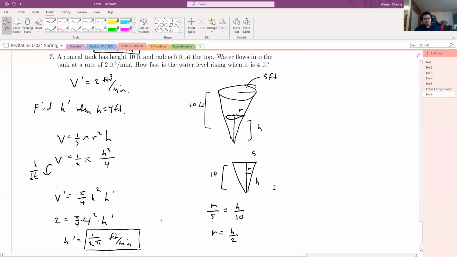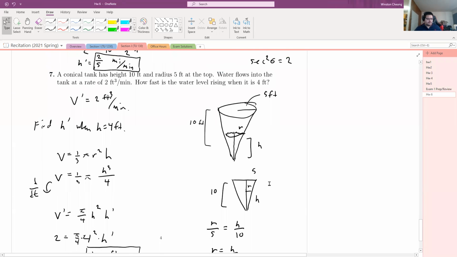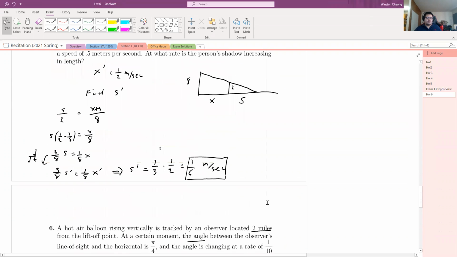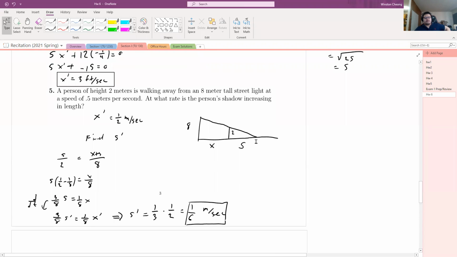But I want to get back to what you mentioned here, because I'm actually doing different proportions for number seven and number five. If you'll note, what I did here, my fraction is not set up by taking corresponding sides, not in this problem. It's because of where my variables are located.